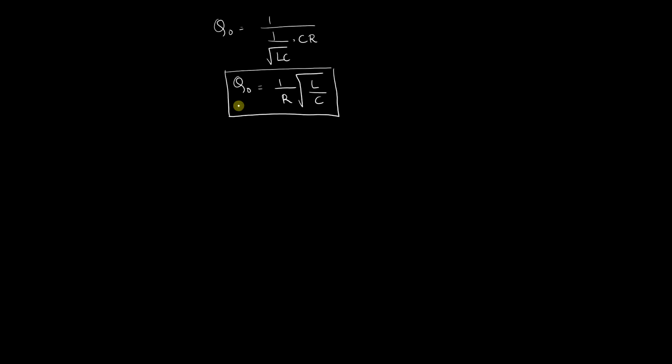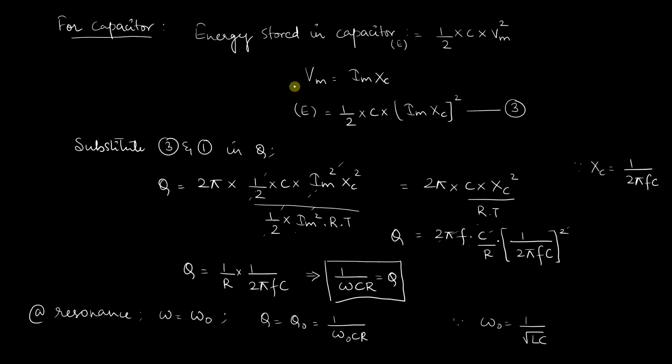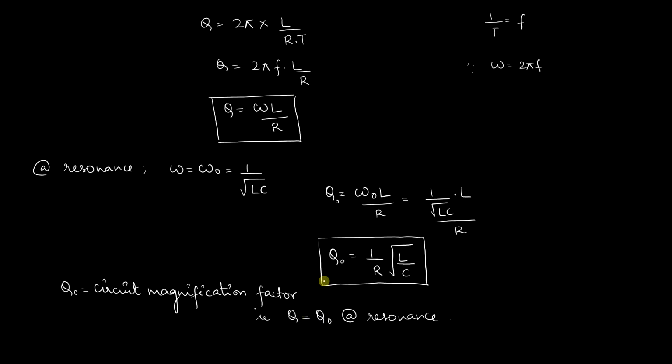One major observation you can make here is to observe the value of Q naught at resonance for a capacitor and observe it for the inductor. The value of Q naught, that is the circuit magnification factor, will be the same at resonance, whereas it might be different otherwise. The quality factor equation might be different for the inductor and the capacitor separately, but at resonance the expression will be the same.